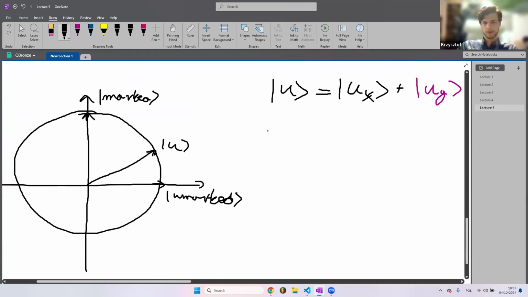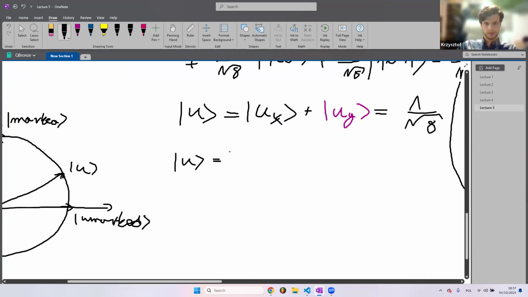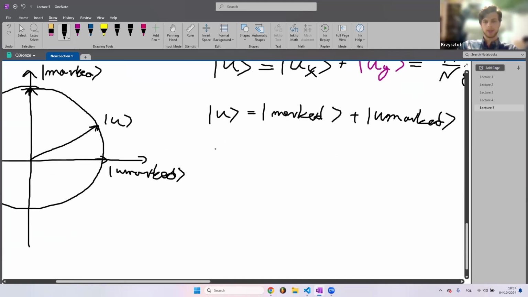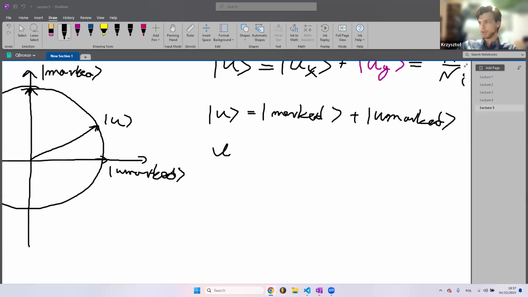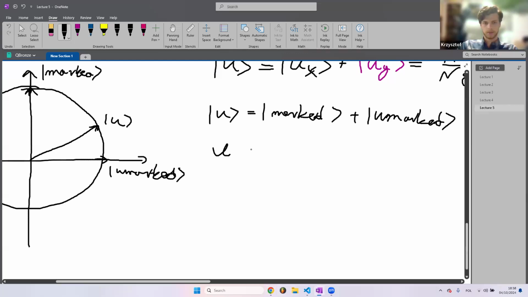So if our qubit is U, which is marked plus unmarked, we will apply an operator, let's call it big UF.